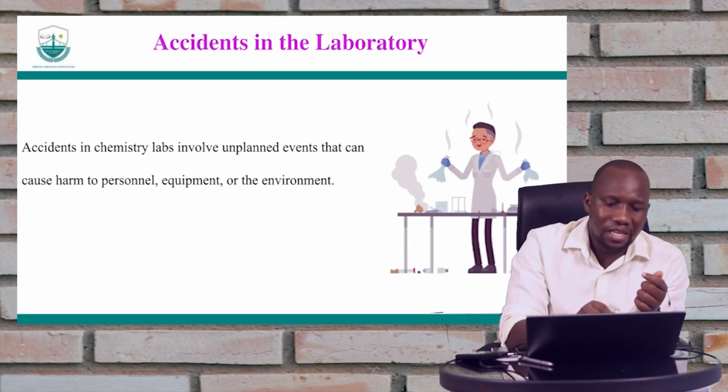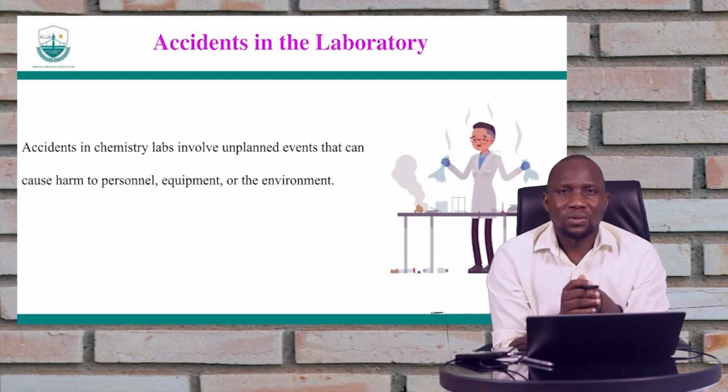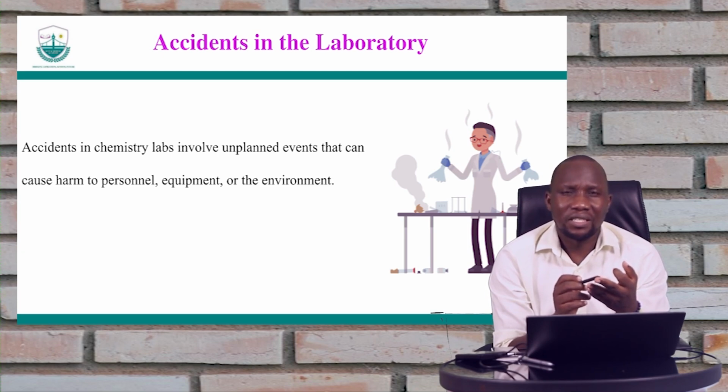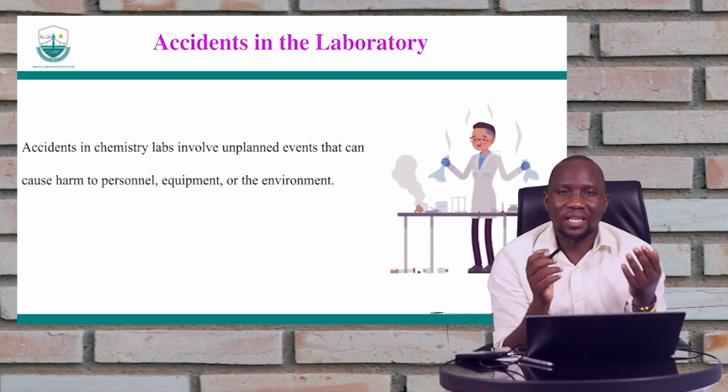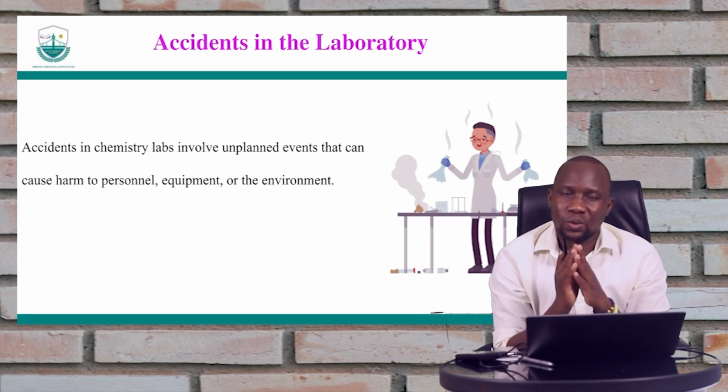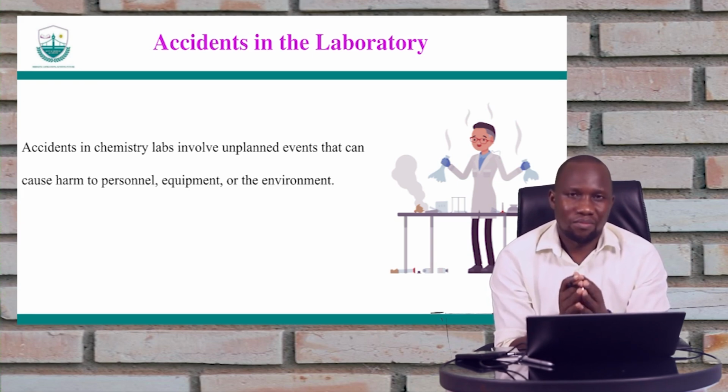When we talk about reagents, we refer to the chemicals that we use in the chemical reactions that we experiment on in the laboratory. So the reagents that we use, the apparatus that we use, even human errors. Or someone can faint and then fall down, and the glasses, you get a lot of things can result into an accident within the lab.